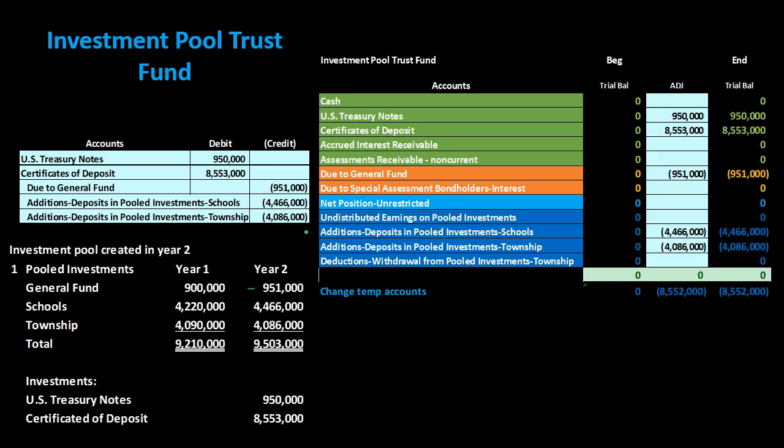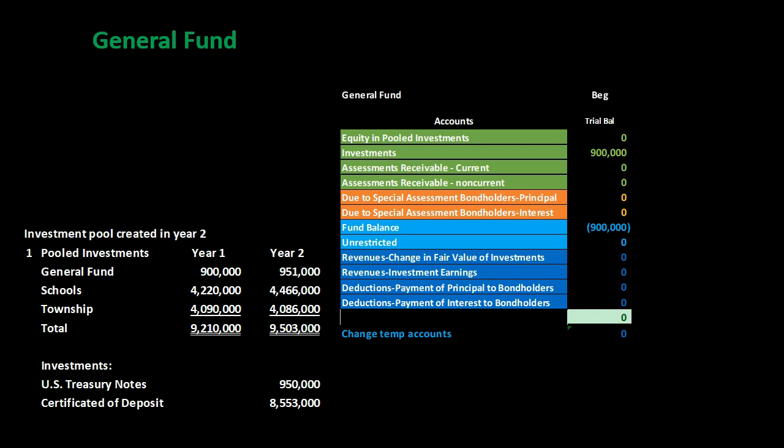So if we record this out, we have the increase in the treasury notes and the certificates of deposit, the two asset type of accounts. Then we have the increase in the due to the general fund. And then we have the increase to these items down below for the schools and the township, down in more of the income statement type related activity, the temporary type of accounts.